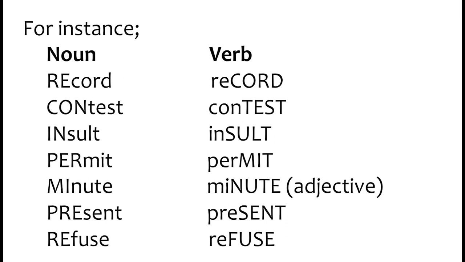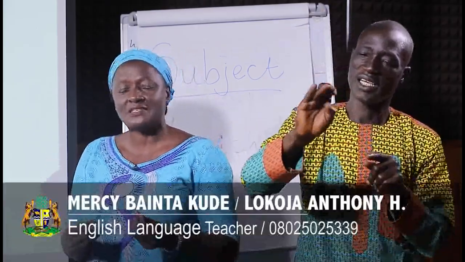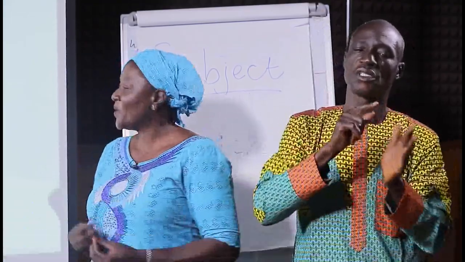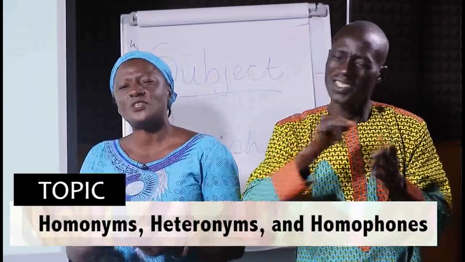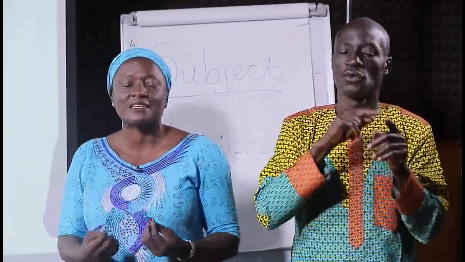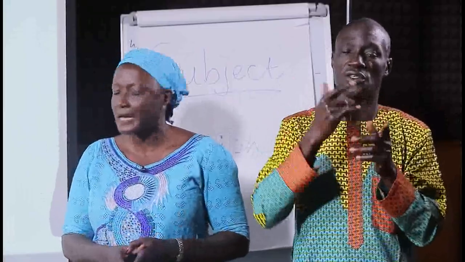Here we have minute and minute. Remember, we said some of them can take the form of an adjective. When we talk of minutes, we're talking about time. 1 minute, 2 minutes, 3 minutes. But when we say something is minute, it means it is very small, very tiny. And when we describe something as tiny, it is an adjective because it is telling us of size, adjective of size.